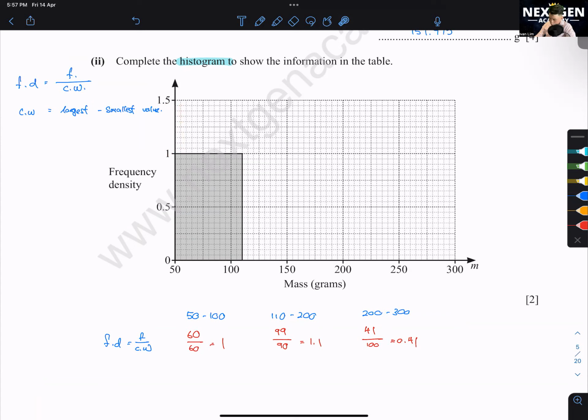So that means 2 boxes represent 0.1. So we have to be careful. Here will be 2 boxes. Draw it until 200 over here. Then 0.41, you can write about 0.4 here. This is how you calculate it.